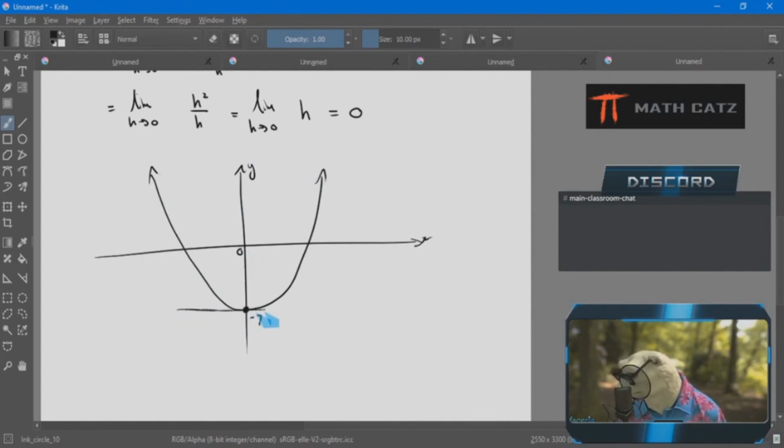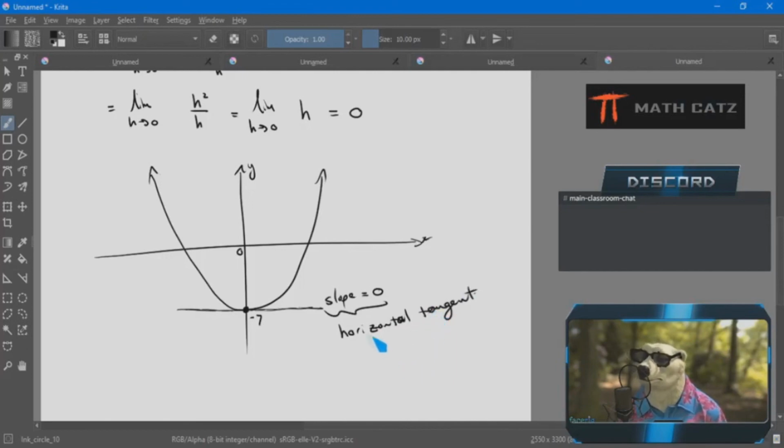Well, that turning point, it now says the slope of the tangent line is 0, which means that the tangent line there is horizontal. Horizontal tangent line, which I hope feels right.